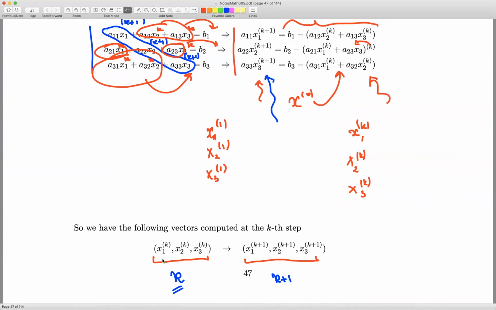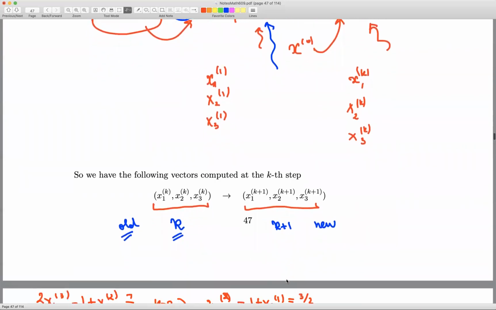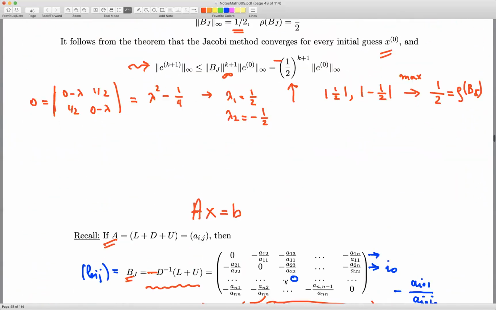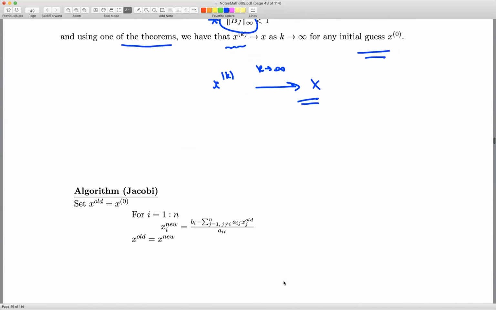And so if we call this x old, which is the value of the iteration at step k, and we call this x new, which is the vector obtained at iteration k plus 1, then in fact we can write the general algorithm.